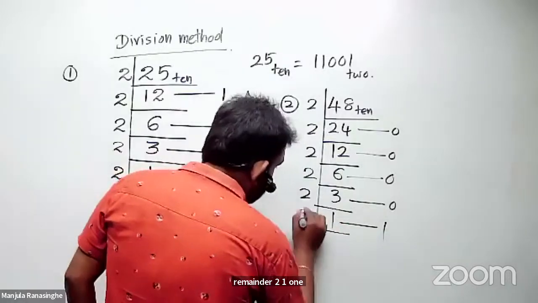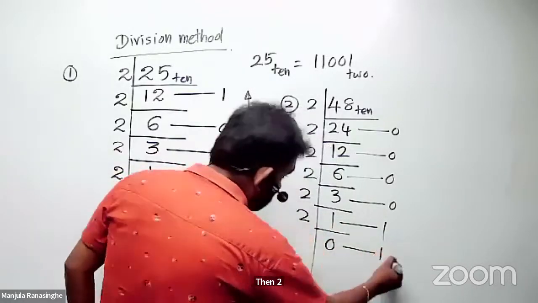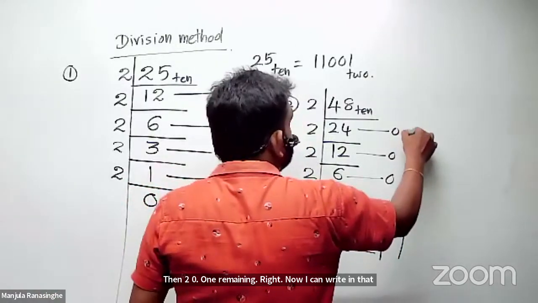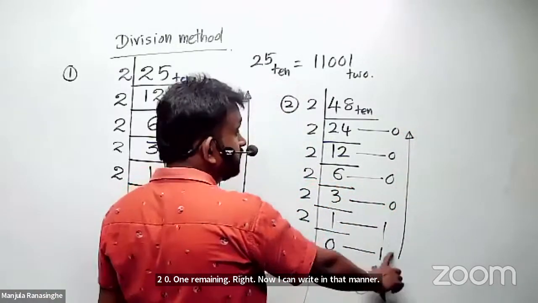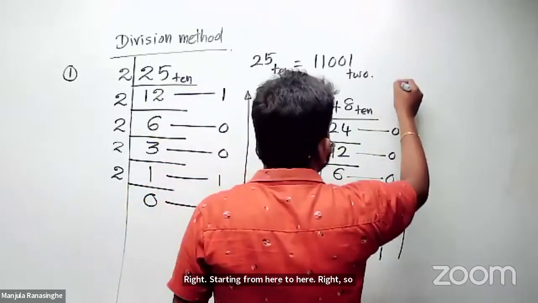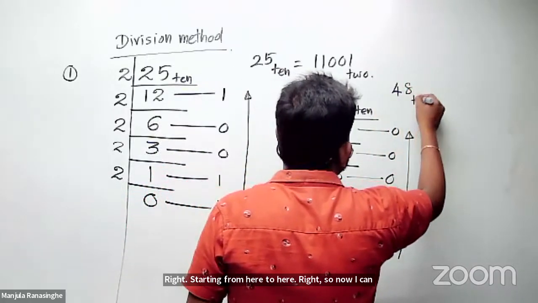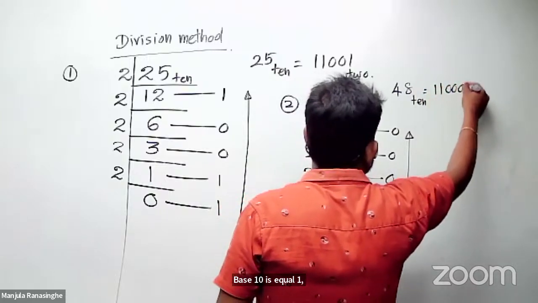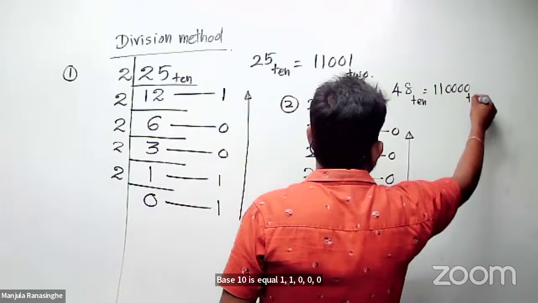Then 2 0, 1 remainder. Now I can write starting from here to here. So now I can say that 48 base 10 is equal to 1 1 0 0 0 0, base is 2.